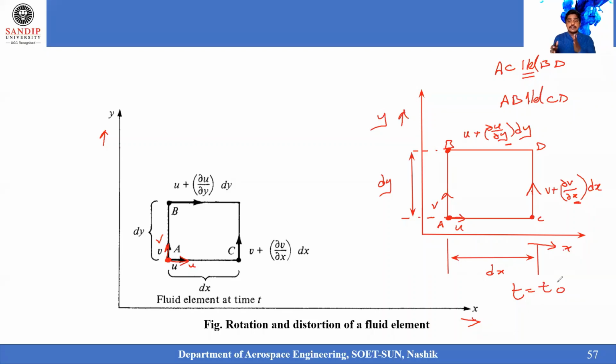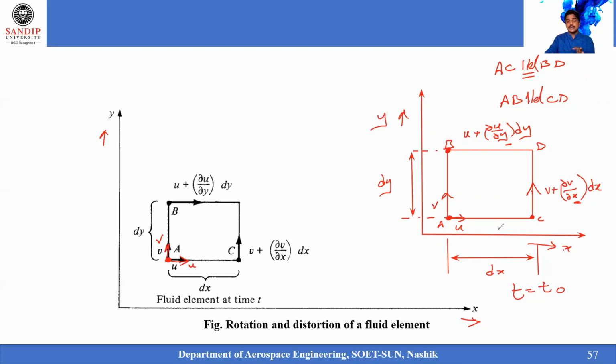So I'm considering the u parallel point and the v parallel point. The velocity points have been given at the point B and at the point C. That was the initial point where it has been changed with respect to some velocity. That is u plus ∂u/∂y into dy, and along the y direction, v plus ∂v/∂x into dx, right? v plus ∂v/∂x.